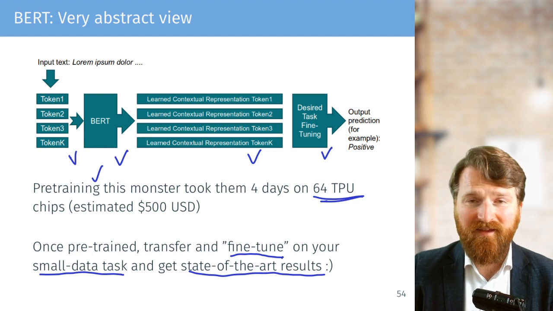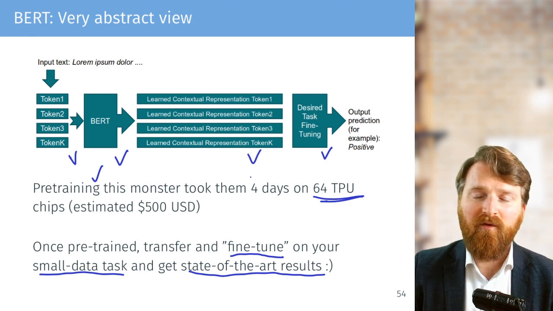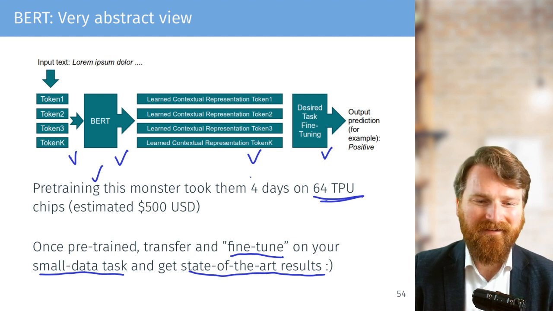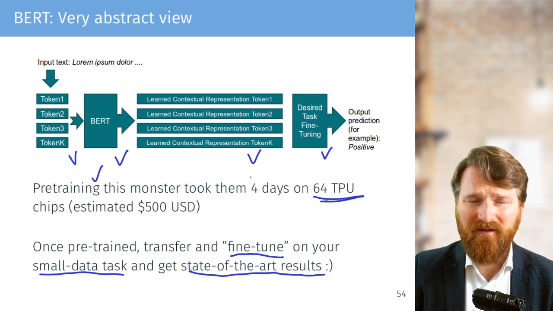State-of-the-art results was the case when BERT came out in 2018, 2019, and on many NLP tasks it was the case. Of course, nowadays there are new challenges, and BERT is considered mainstream, which is quite funny. It's just almost two years, or 2.5 years, and something which was a super game changer is now considered baseline.